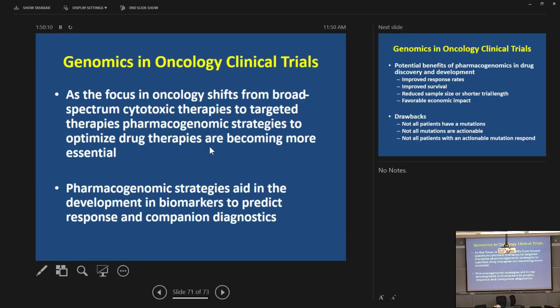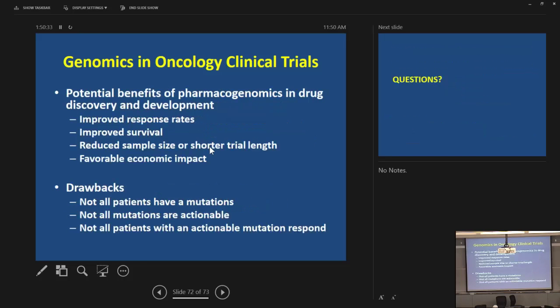So, like I said, in oncology, almost all of the studies we're doing now have some kind of genomic profiling because we're seeing how it can optimize drug therapy and patient outcomes. These pharmacogenomic strategies aid in the development of biomarkers and companion diagnostics that are helping us change the way we treat patients.